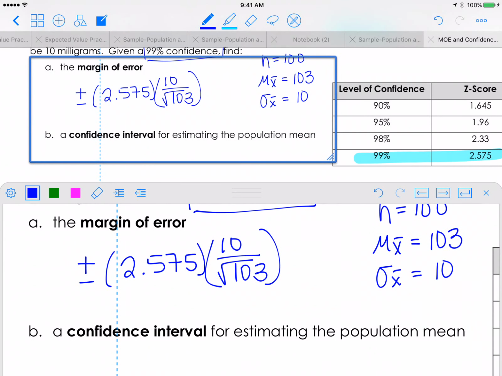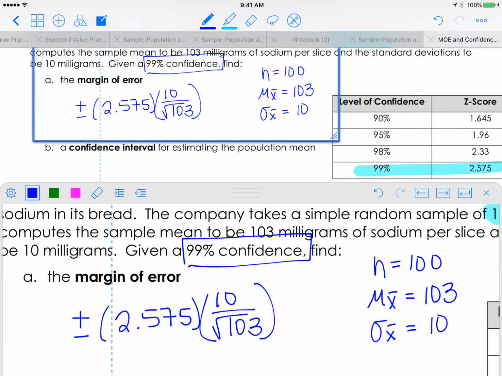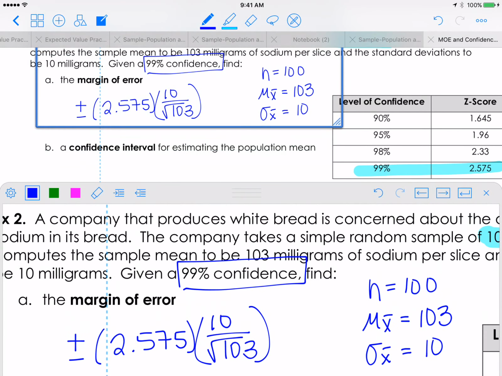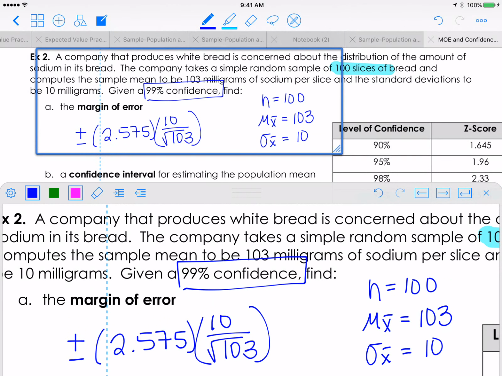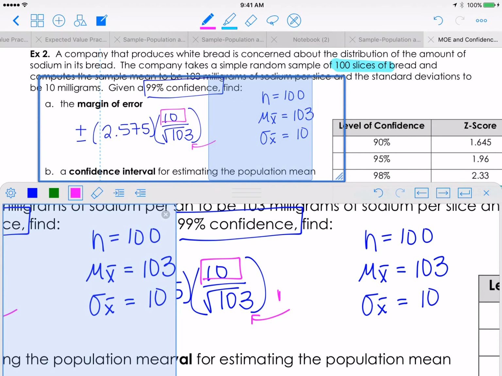Our formula should really say that this is our population mean, because that's what we're trying to find, and we're estimating our population mean. So this is your sample mean, and n should be 100.